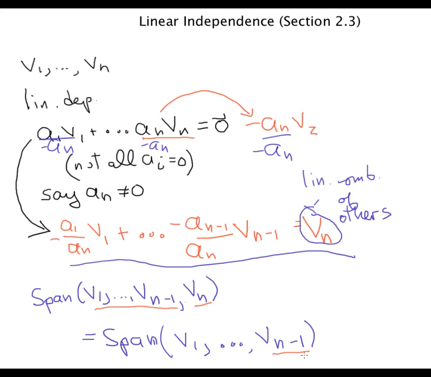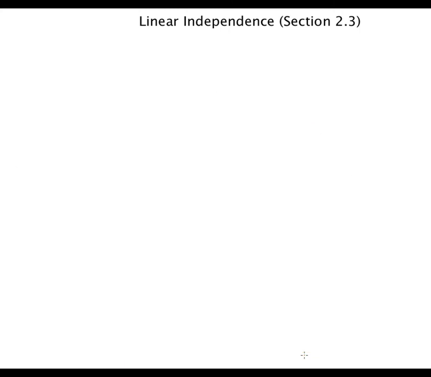So you could ask yourself, suppose I have a bunch of vectors v1 up to vn, and suppose they're linearly dependent.